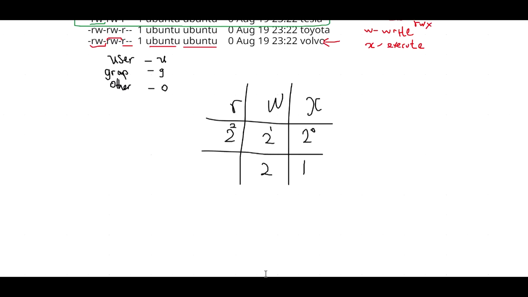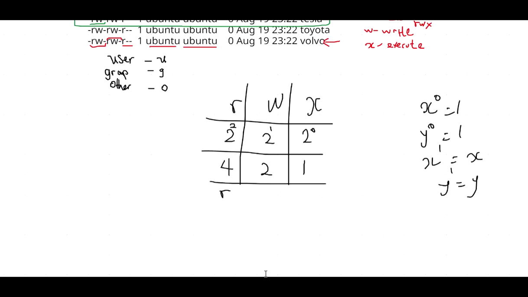Then 2 raised to power 2 is 2 times 2, that is 4, isn't it? So let's write this. Read, write, execute is going to have 4, 2, 1. I just needed to show you how we got the 421.